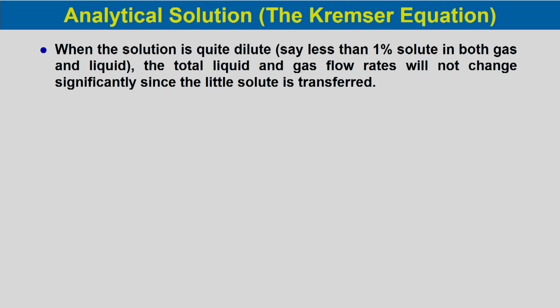When the solution is quite dilute, say less than 1% solute in both gas and liquid, the total liquid and gas flow rates will not change significantly, since little solute is transferred. This I have already explained. So, probably less than 1% solute contained in a mixture, the change of molar flow rate will not be appreciable.